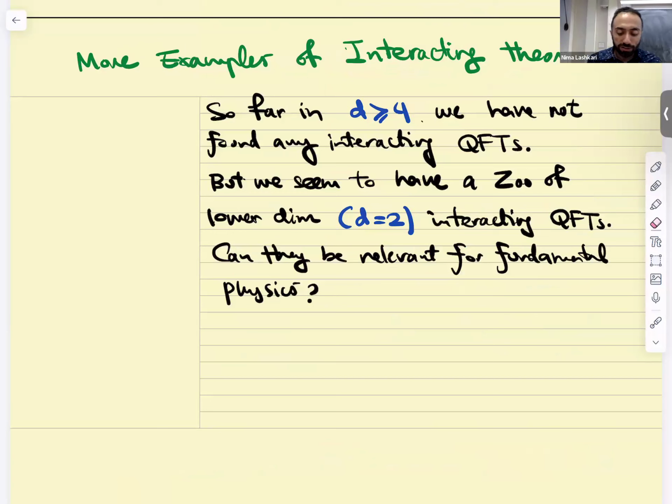So far in D larger or equal to 4 dimensions, we've not found any interacting QFTs, but as our renormalization group analysis suggested, there should be a zoo of D equal 2-dimensional interacting QFTs, right? Because D equal 2 was a setup where everything was marginal.